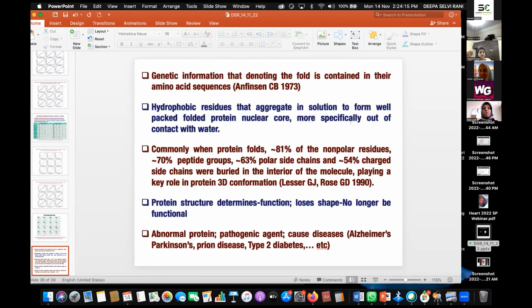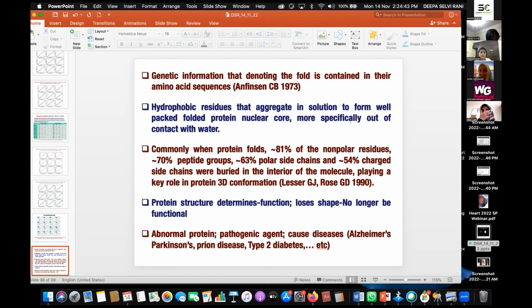We all know that the genetic information that dictates the fold is contained in the amino acid sequence, where hydrophobic residues aggregate in solution to form a well-packed nuclear core. When it forms a nuclear core, not only the hydrophobic residues, but along with that some peptide groups, polar side chains, and also charged side chains get buried in the interior of the molecule.